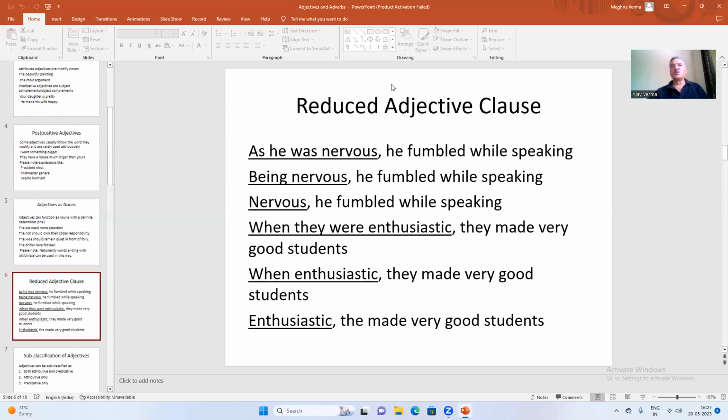I have tried to show this with the help of two examples. Now, as he was nervous, he fumbled while speaking.